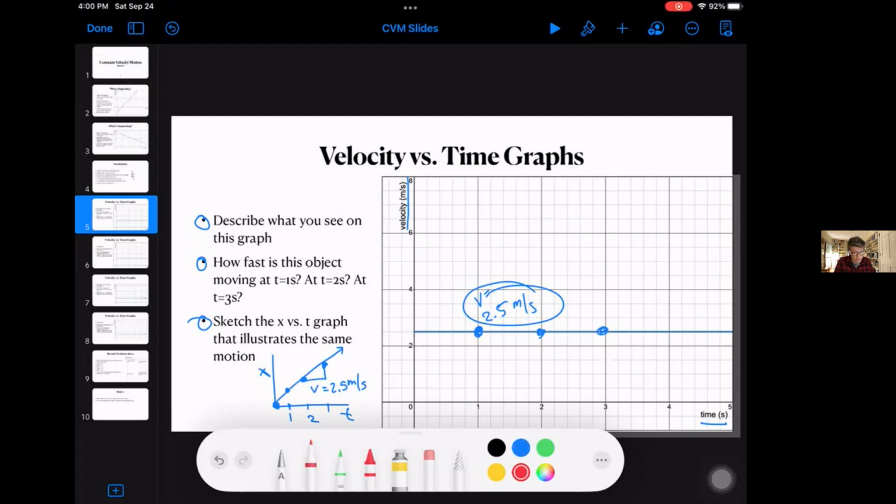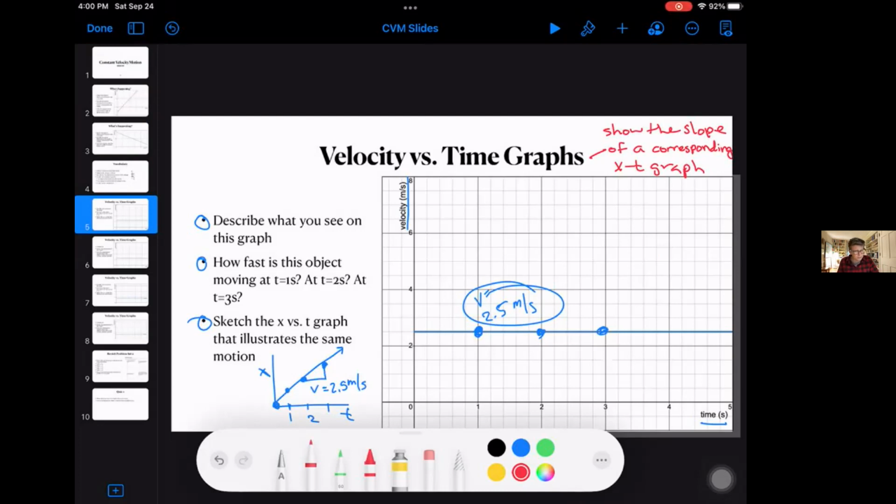It is a huge idea. They show the slope of the corresponding position time graph.